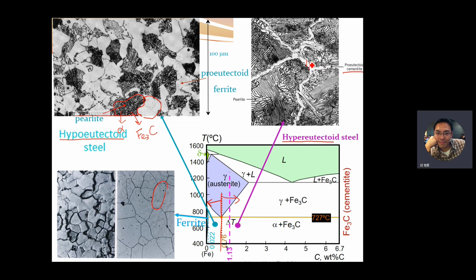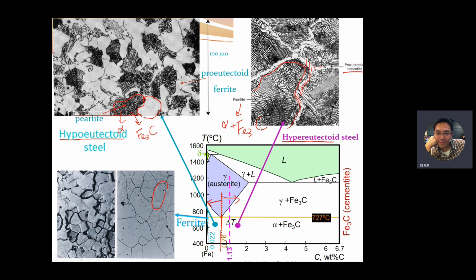Therefore, in this region it's the cementite. This is the cementite. And the layered structure is pearlite. The pearlite consists of ferrite and the cementite.